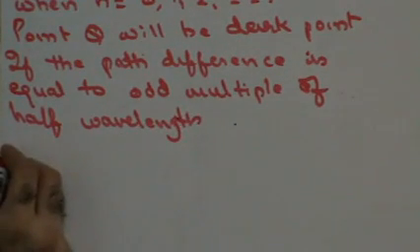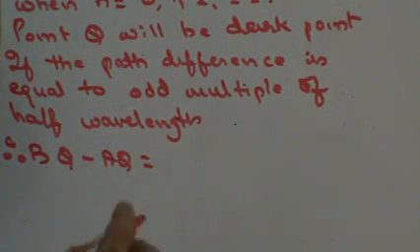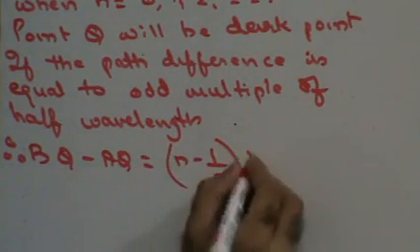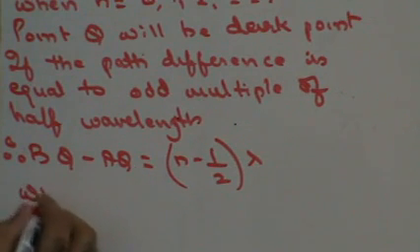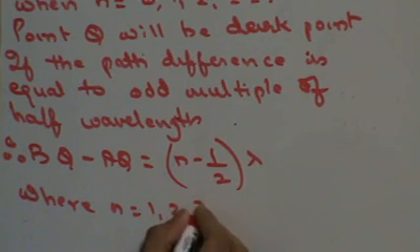That means for a dark point, the path difference BQ minus AQ should be equal to an odd multiple of half wavelength, (n minus 1 by 2) lambda, right? Where n here will be any number from 1 to infinity, right?